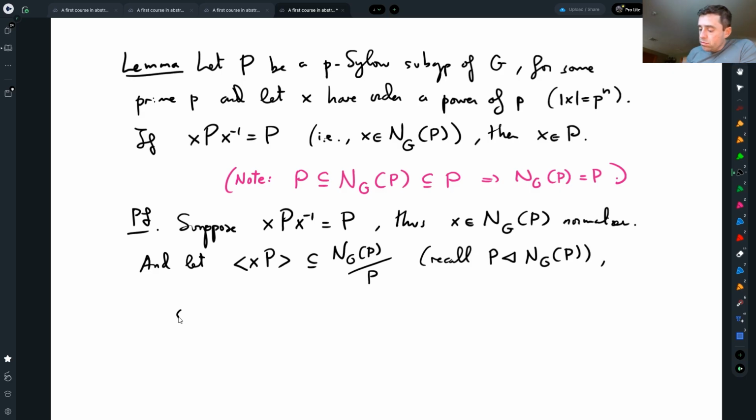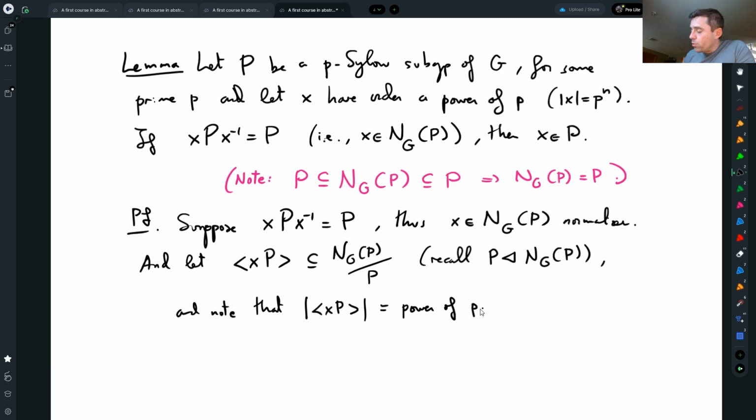And note that the subgroup generated by the coset XP has to also have an order that is a power of p.